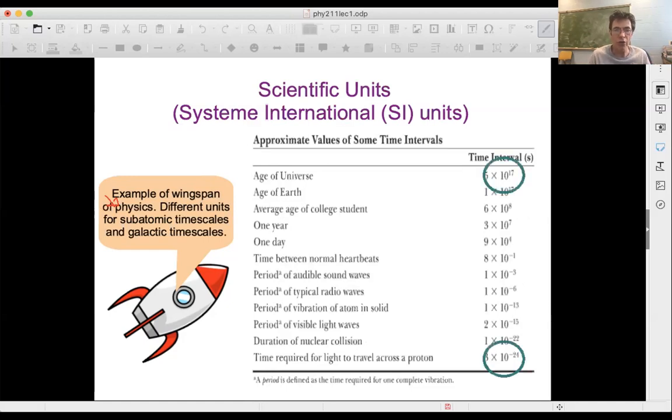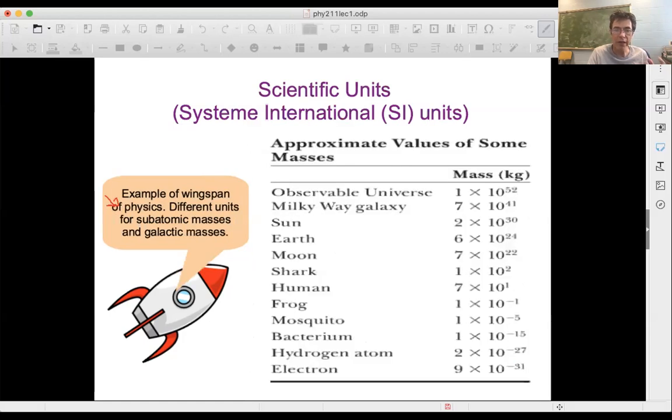And there's also huge ranges of masses, from the mass of the universe, it's some huge number in kilograms, to the mass of an electron. It's a tiny number in kilograms. Look here, I don't remember the mass of the universe, but apparently the mass of the universe is about 10 to the 52 kilograms. That's enormous.